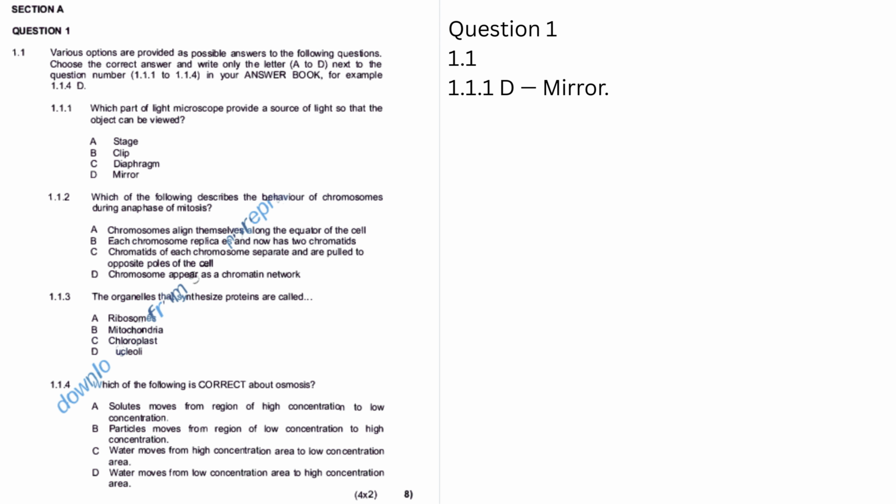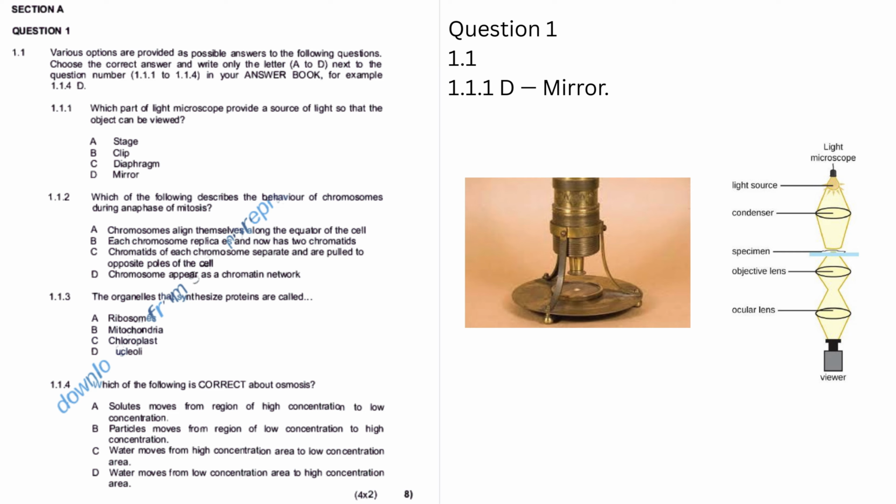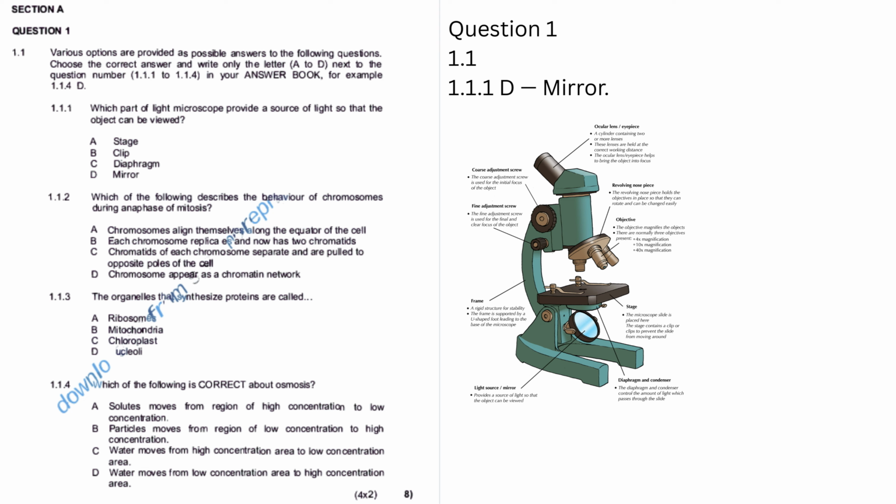In old microscopes, the mirror reflects light from the sun or a lamp up into the lenses. That reflected light is what allows you to see the object. So when you see source of light in a microscope question, your brain should immediately think mirror.